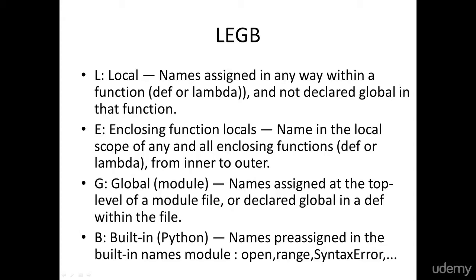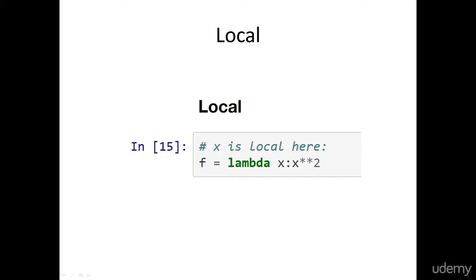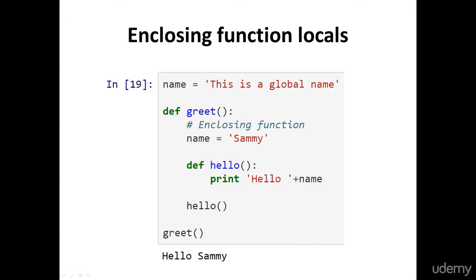So let's go ahead and break down a few examples of all 4 of these. First with local: if you have a lambda expression here, x is local to that lambda expression, or any function. Next, enclosing function locals. This one's a little different. Here I have an example which you've already coded through. I'm assigning name equal to 'This is a global name' outside of any function.